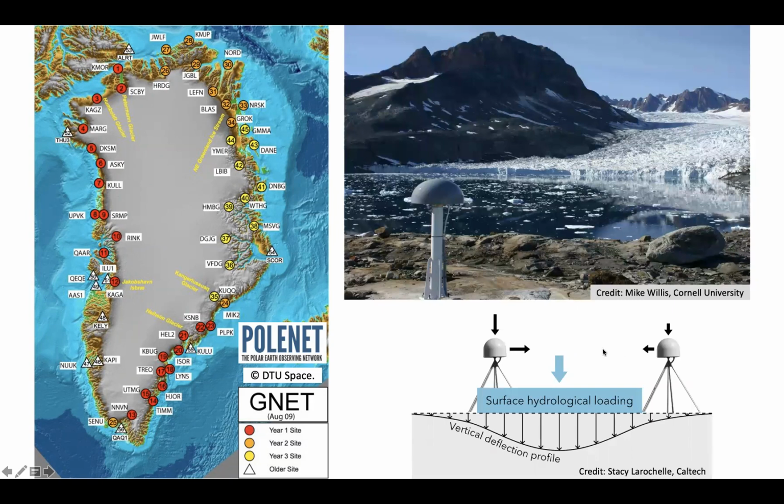Here's a really nice schematic that shows the working principle that my analysis is based on. If we apply a certain load on the crustal surface, it's going to induce the deformation of Earth materials, and that can cause surface displacement on the crustal surface, which can potentially be measured by deploying GNSS sensors.